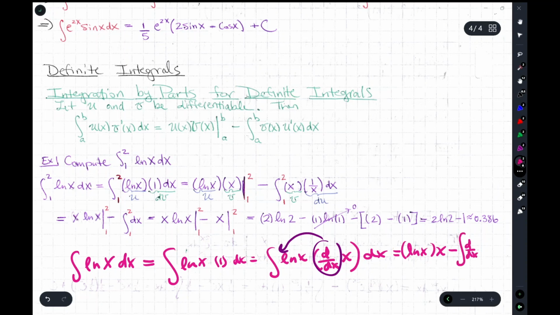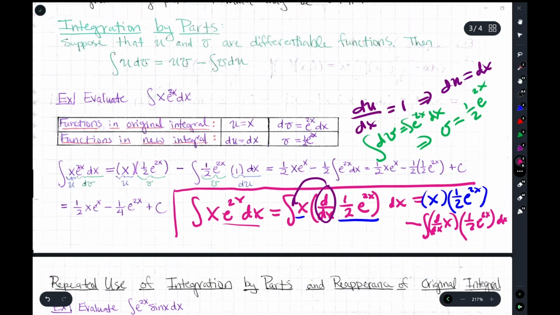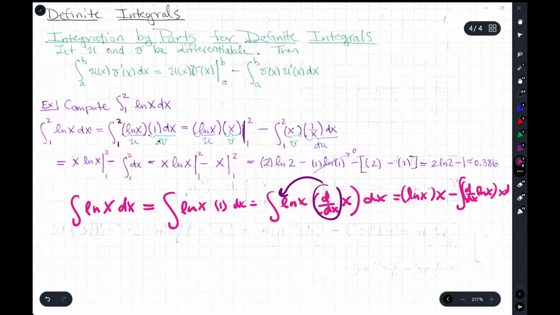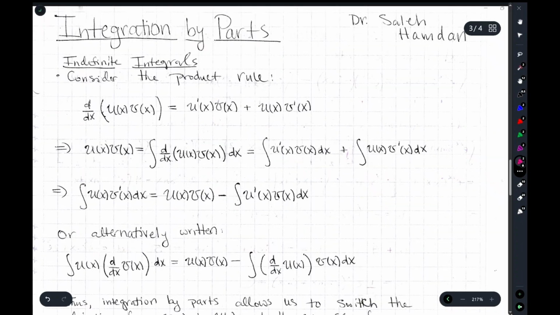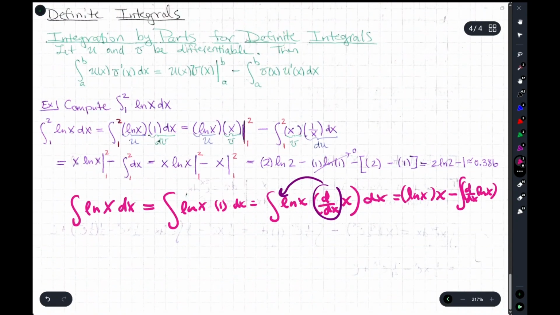And now I get to switch out the derivative. That's a dx there. Okay, well, x dx, that should be there.